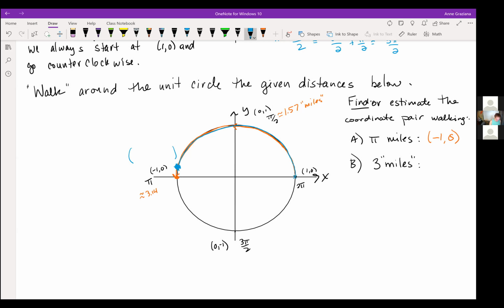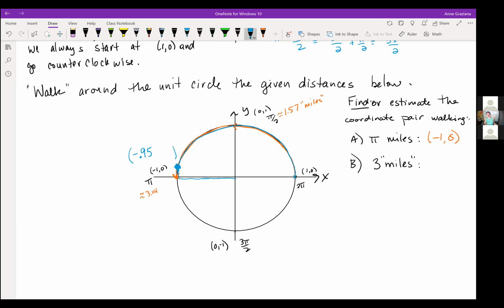Okay, so if you look at the x coordinate, if I'm trying to get to this coordinate, usually you go along the x-axis and then up to the point. Well, that's really close to -1, isn't it? So I'm going to estimate my x coordinate to be about -0.95.